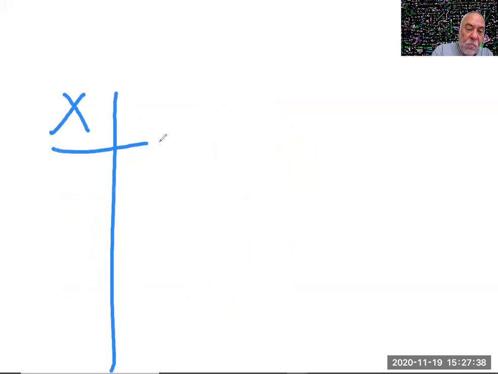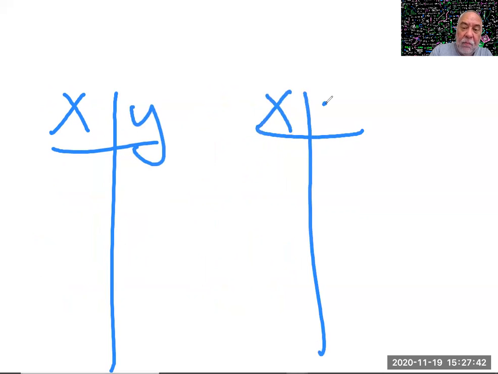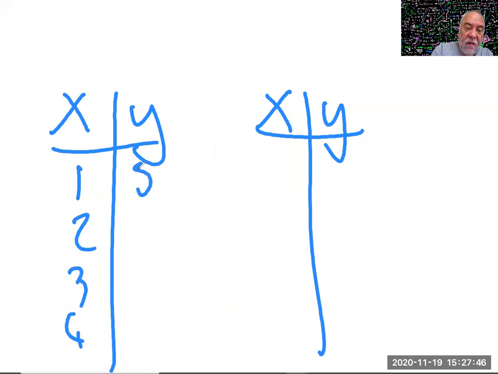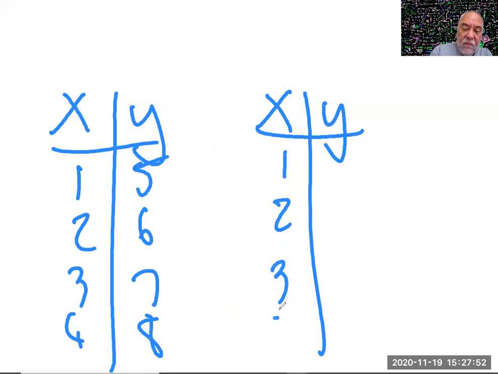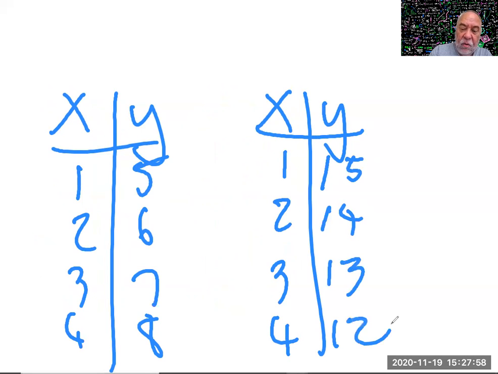The problem arises when there are 2 tables and they don't have a common point between them. 2, 3, 4, 5, 6, 7, 8. 1, 2, 3, 4, 15, 14, 13, 12.